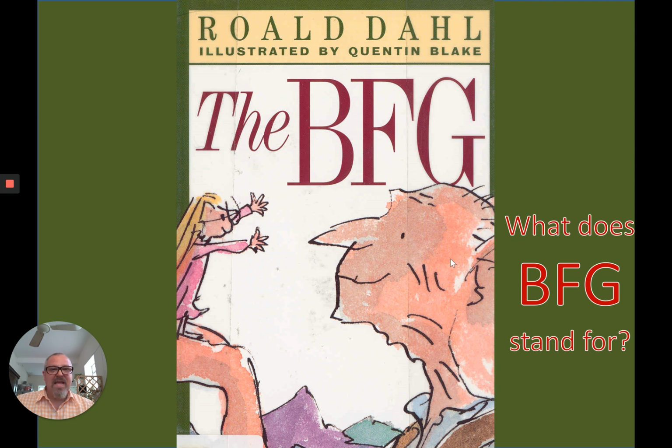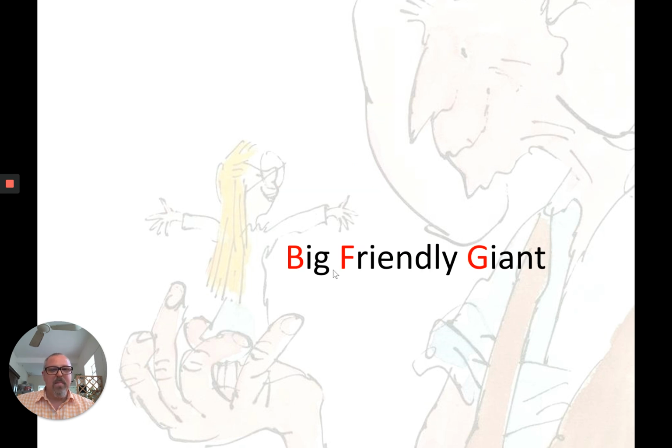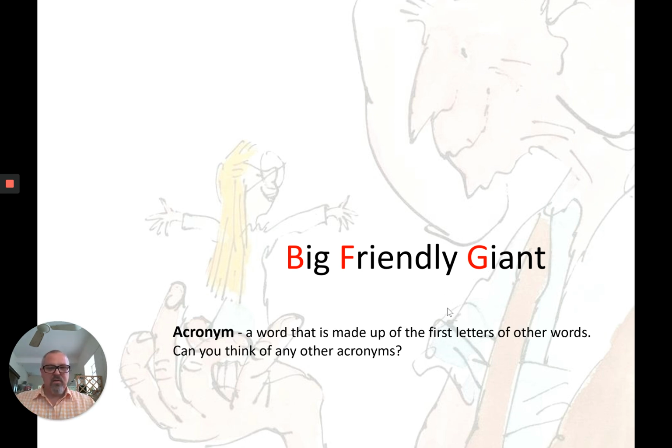What does BFG stand for? I think most of you already know that BFG stands for Big Friendly Giant. So, what's it called when you make up a word like that out of the first letters of other words? This is called an acronym. So, BFG is an acronym for Big Friendly Giant.